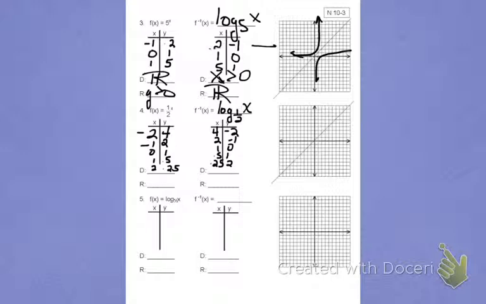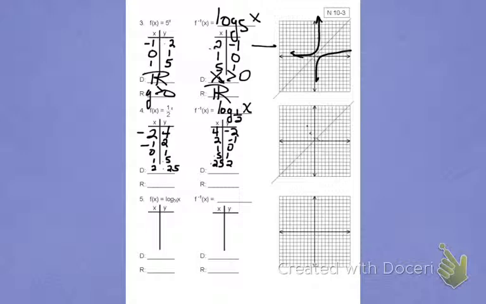So we have -2, 4, -1, 2, 0, 1, 1, 0.5, and 2, 0.25.